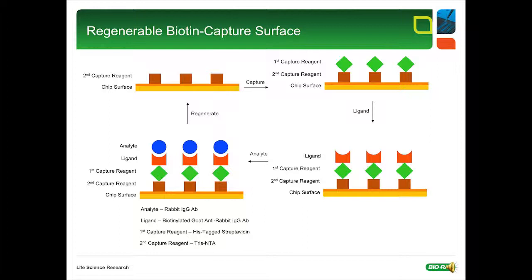And then you are able to go to the next cycle to immobilize his-tagged streptavidin again, and then a new ligand for a new analyte. This gives you the chance to run multiple interaction analyses using the same sensor chip. And it's very useful when cost is a concern in designing SPR experiments.